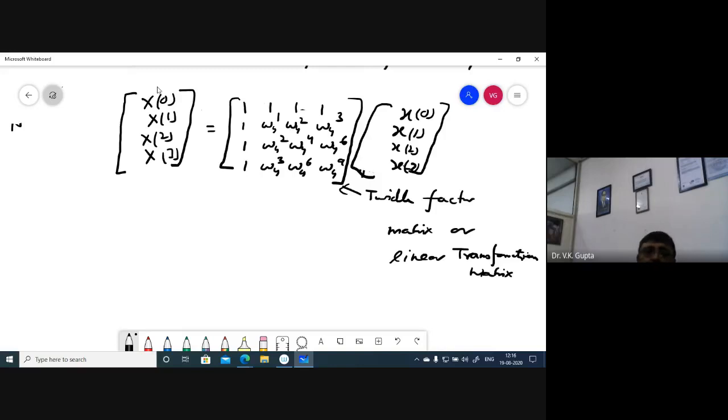We can solve the DFT points easily through this matrix form. So the problem is the value of W41, W42, W43 and so on. So let's calculate these points.